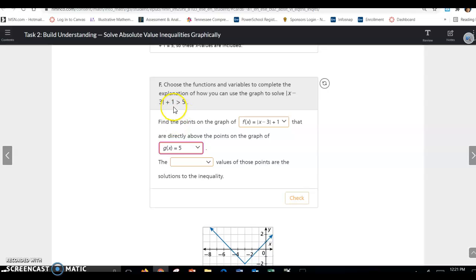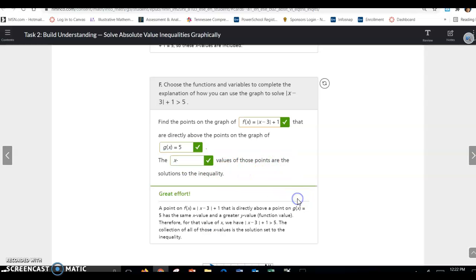All right, so we're looking for greater than 5, so this one has to be above this one. So when f of x is above g of x, that's when it's greater than. And then we know that the x values of those points are the solutions of the inequality.